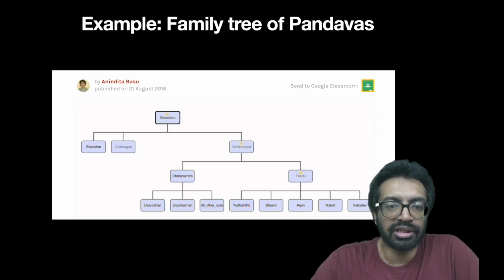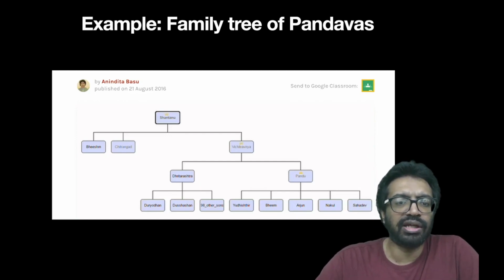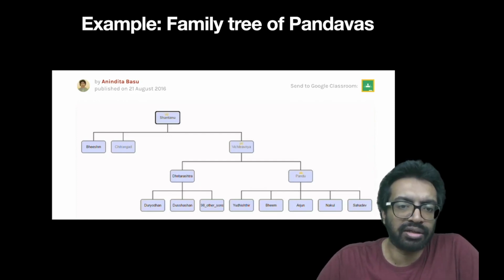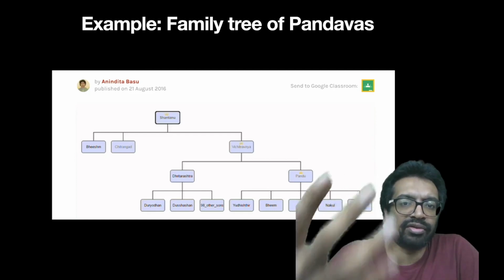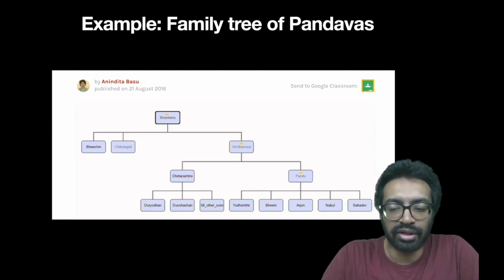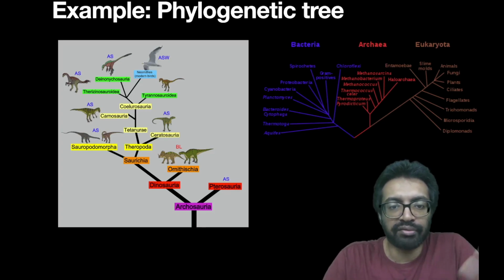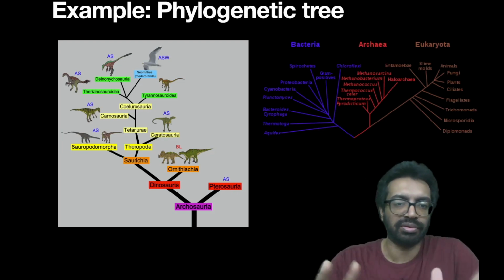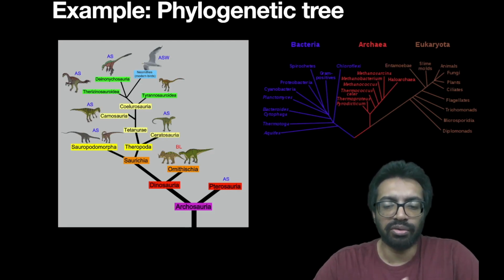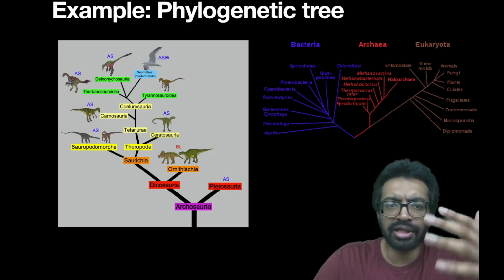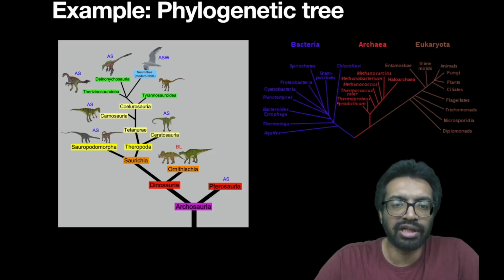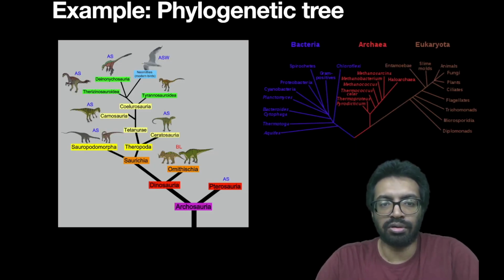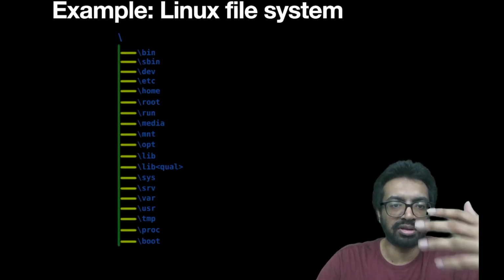Since we are going to abstract out information rather than working with a family tree or an evolutionary tree, we are going to look at trees of numbers. Usually all our trees will contain numbers. But that's an abstraction, you should understand. You can always replace numbers with names, biological names, or folder names, etc.